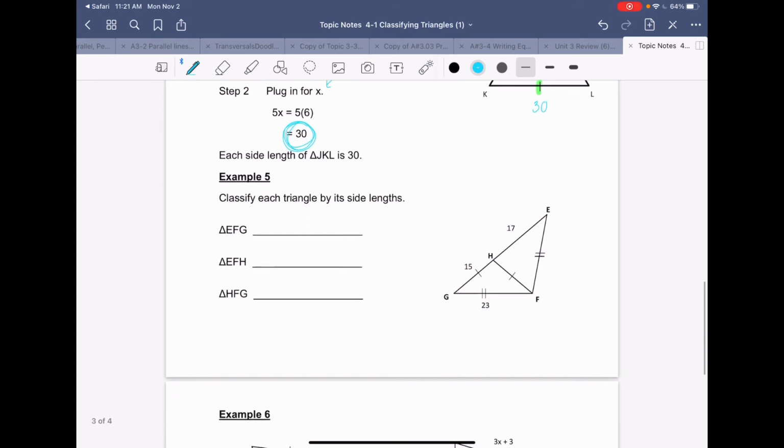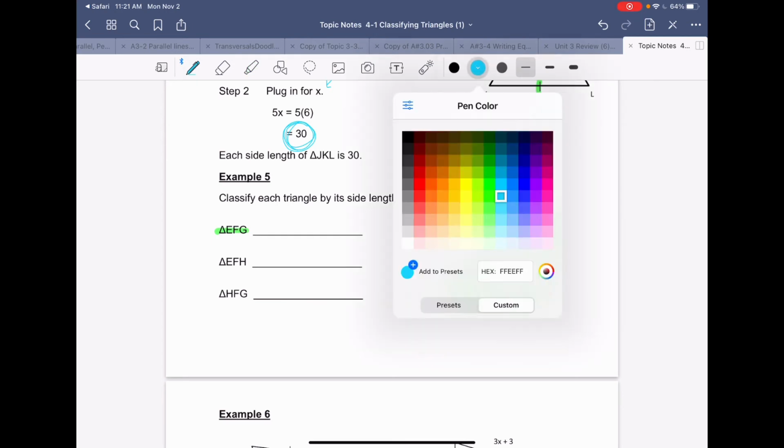Okay, so example 5. We're going to classify each triangle by their side lengths. So we have EFG. So this whole triangle. Notice how we have 2 tick marks.